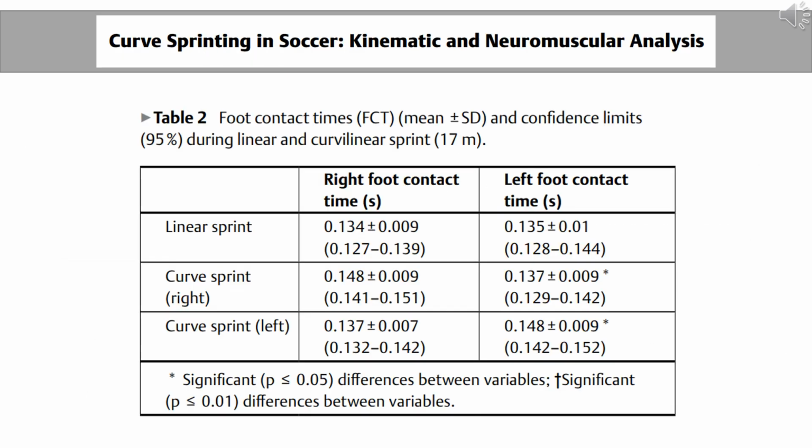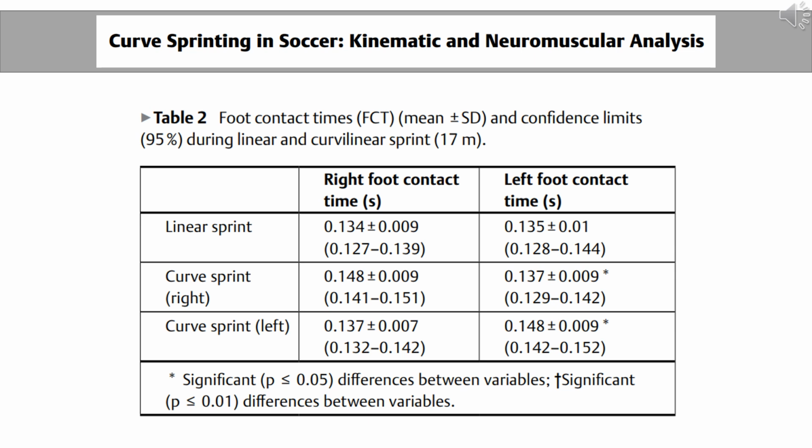If we start trying to understand curve sprinting in football now, I don't think there's an awful lot of data looking at the prevalence or the amount of curve sprinting, or even how it is classified during competition in football. But I did find this excellent study that tried to quantify some of the ground contact times in relation to linear sprinting.